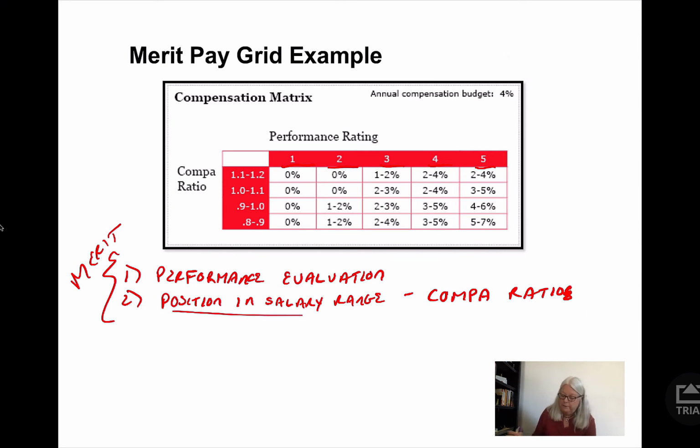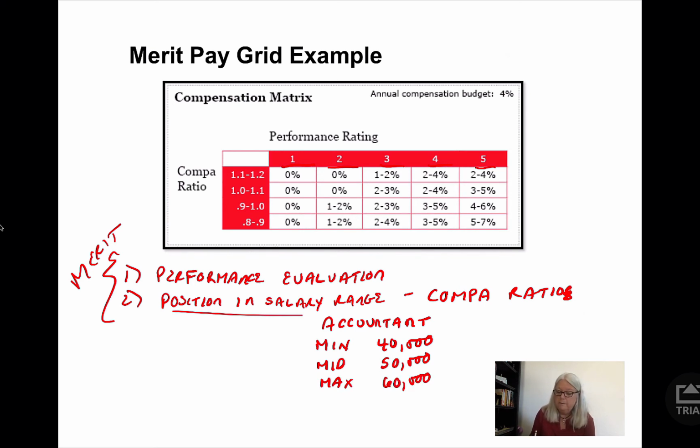So for example, let's say I have a position for an accountant. I've set up a minimum of $40,000. The midpoint is $50,000, and the maximum in the range is $60,000.